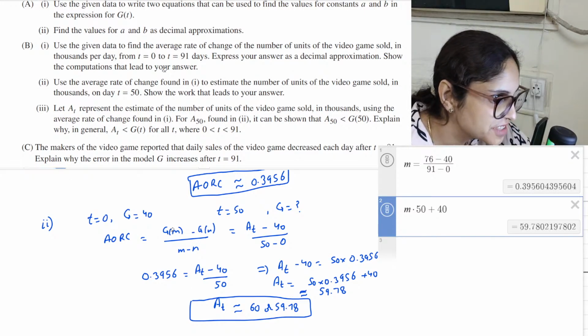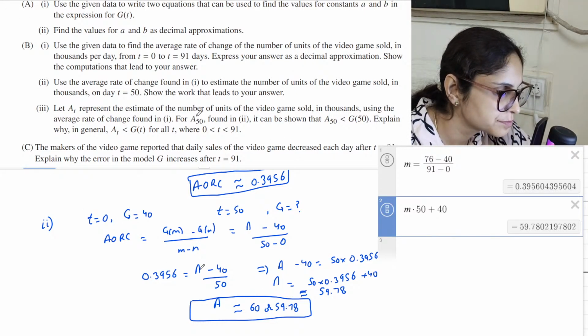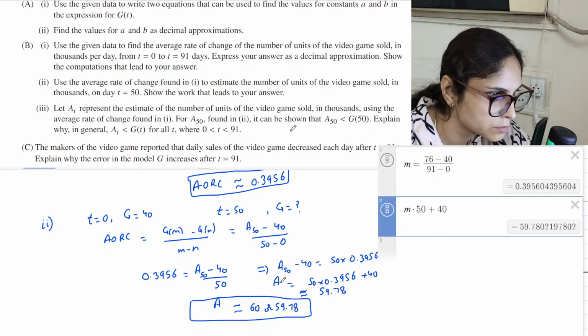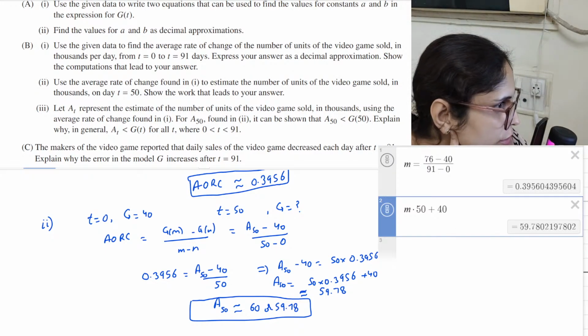So this is A(50). I will write A(50) over here. A(T) is what we are getting from the first part.